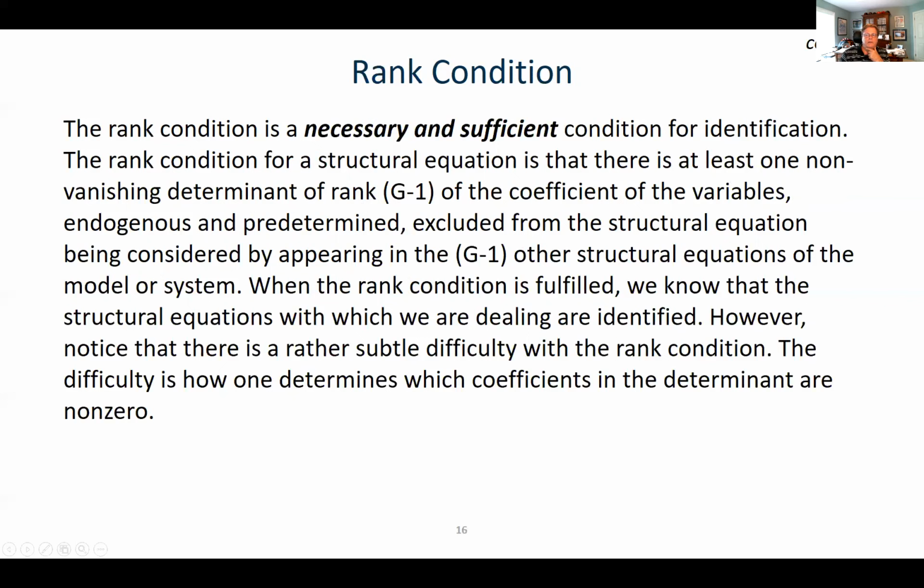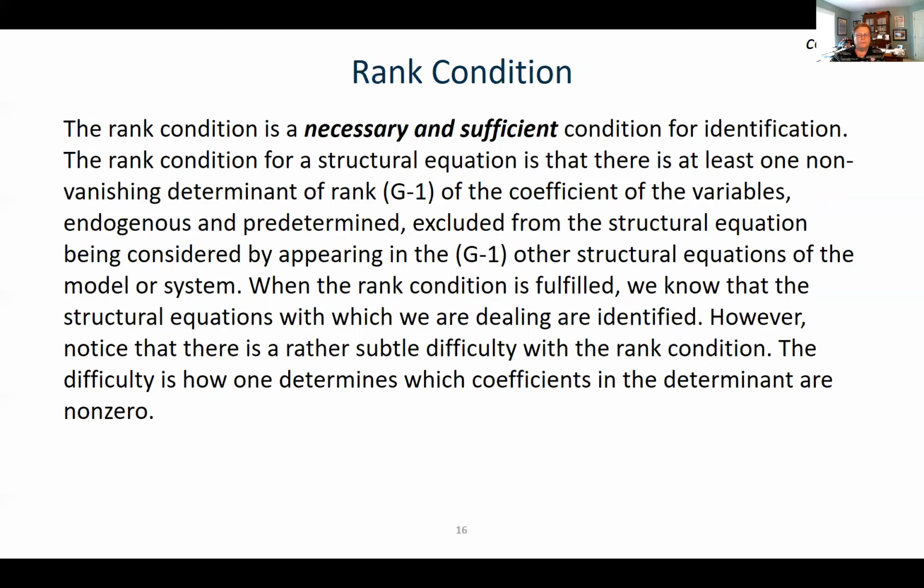And what we need to do is find the non-vanishing determinant of the endogenous and predetermined coefficients that are excluded from the structural equation being considered, but appearing in the other G minus 1 equations of the model. When the rank condition is fulfilled, we know that the structural equations with which we are dealing are going to be identified, okay?